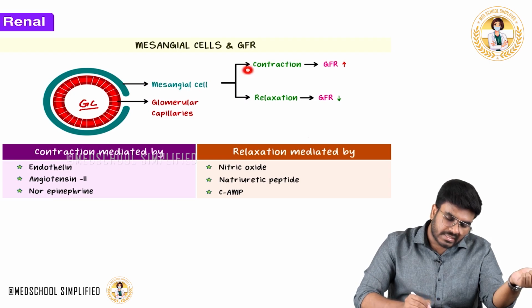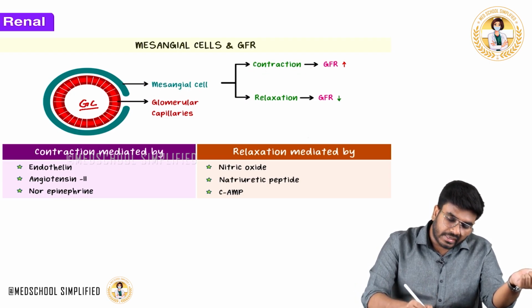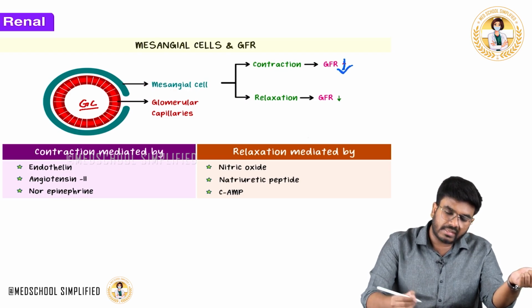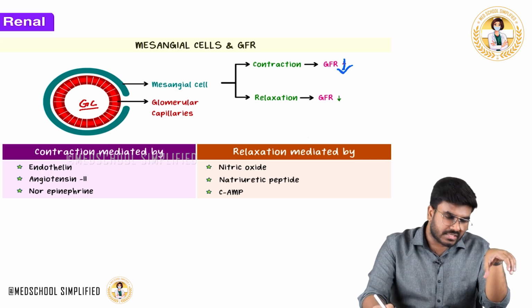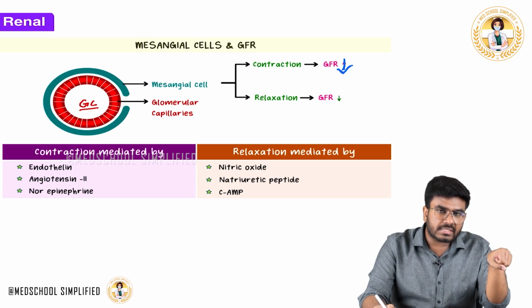So, does mesangial cell contraction increase the GFR or decrease the GFR? It decreases the GFR. Why? Because the mesangial cells contract and compress the glomerular capillaries. When the glomerular capillaries are compressed, the amount of blood flowing through the glomerular capillary decreases, so automatically GFR decreases.